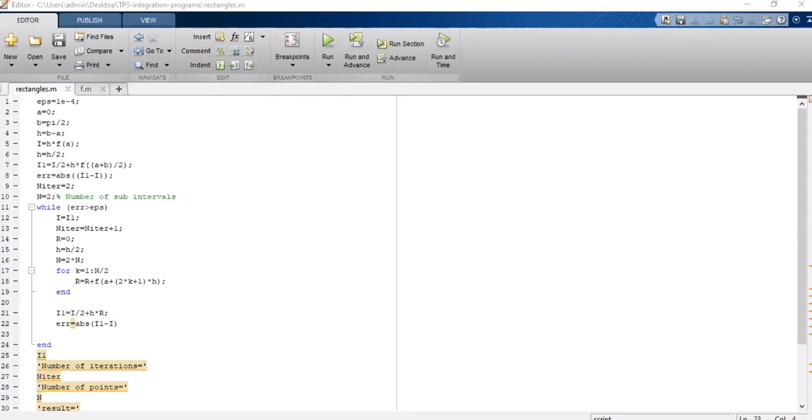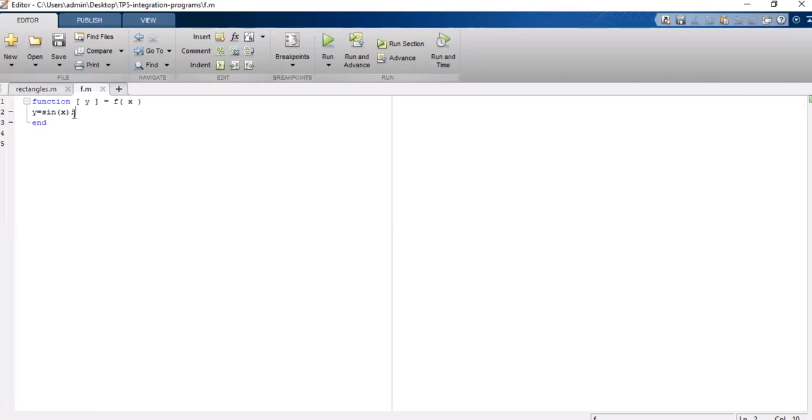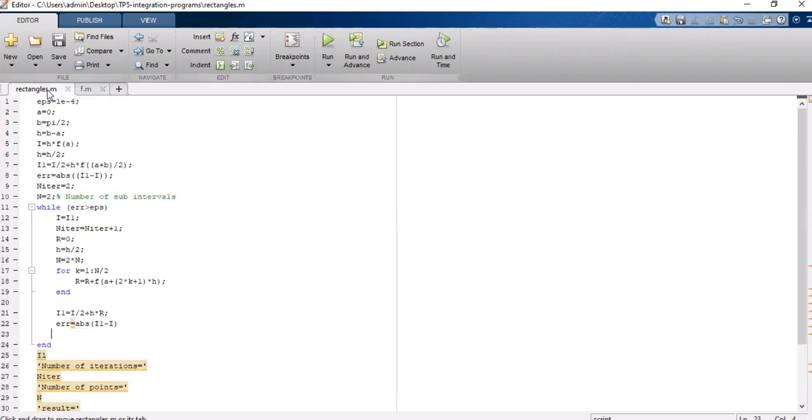Because it's minus cosine x between 0 and pi over 2. So cosine pi over 2 is 0 minus minus 1, so it's 1, right? Integration of sinus x between 0 and pi over 2. So if I apply this program, I get 1.